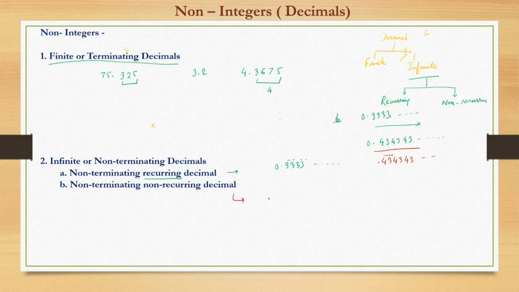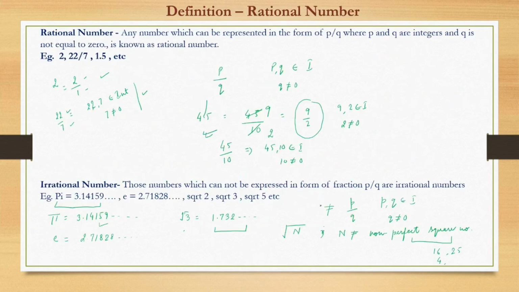What are non-recurring decimals? We just learnt about pi, 3.14159 and so on. It keeps going, non-recurring and infinite.